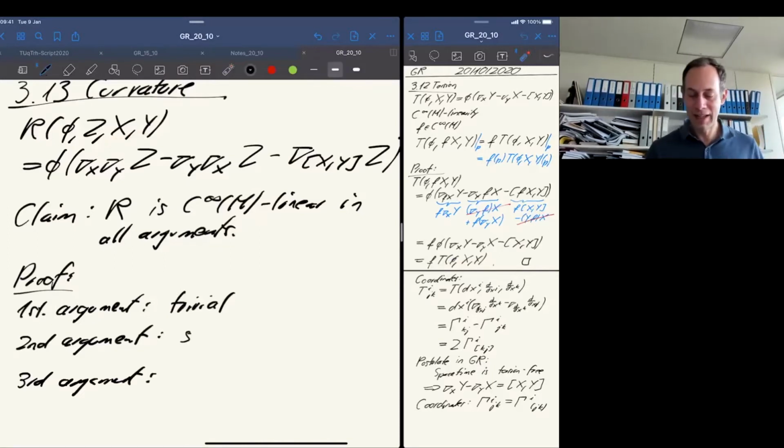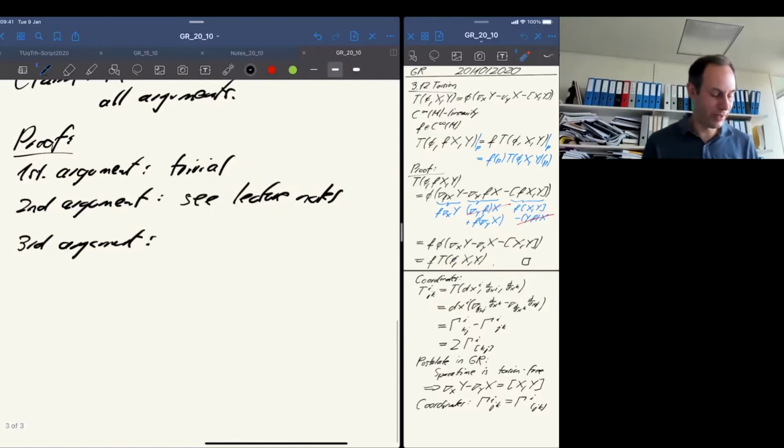So in some way, I'm more efficient when I do something for the third one, because I will immediately prove it for two. So let me therefore write for the second one, see lecture notes. So the proof is there. And for the third argument, I do it. And you can ask, of course, questions if anything is unclear here.